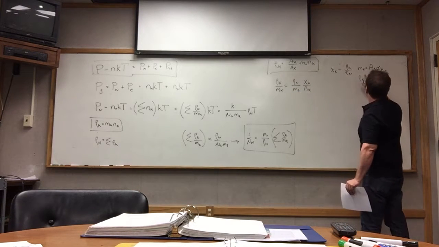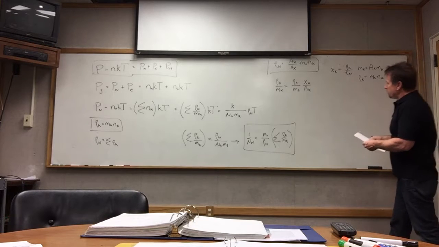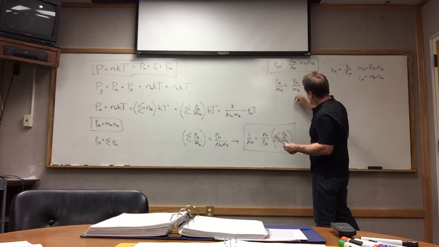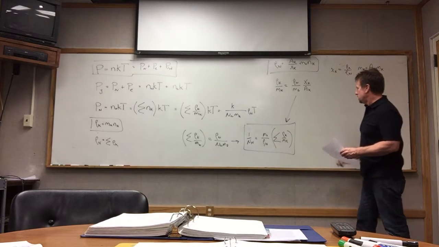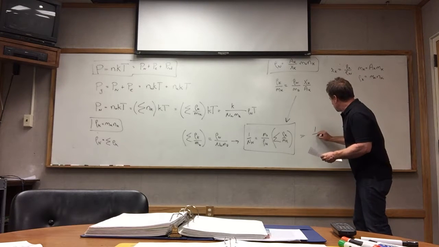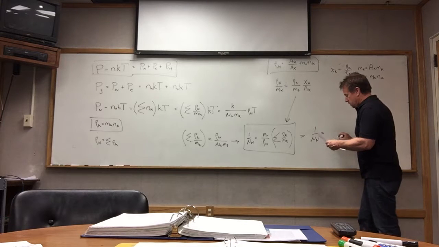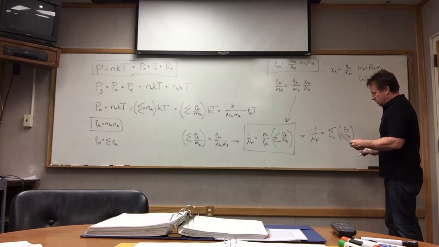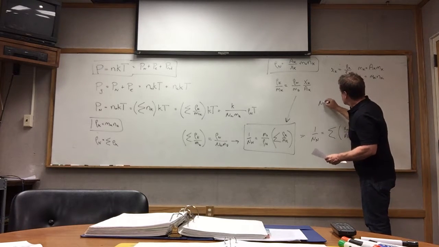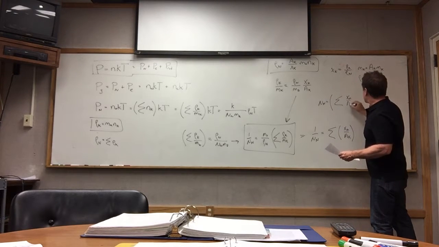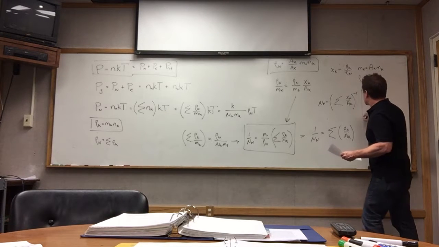So from this, you can substitute that in there, and you end up with 1 over mu_n is equal to the sum of x_k over A_k, or mu_n equals the sum of x_k over A_k to the minus 1.